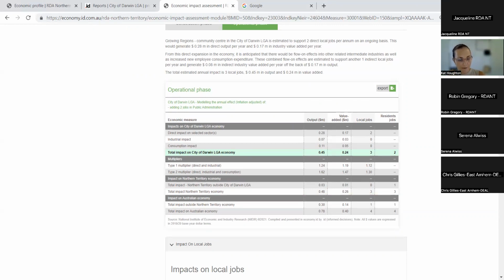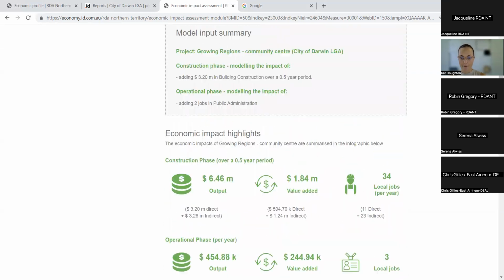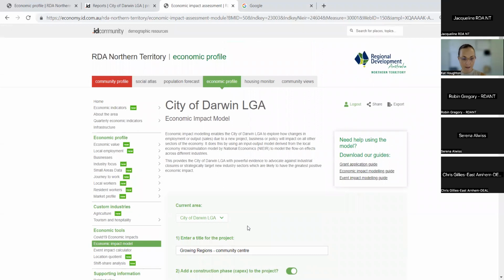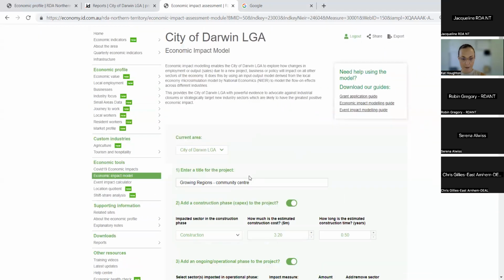So if there is a caveat in the grant applications that says we want to know how many Indigenous people this is going to impact or how many of our youth are going to be impacted, we can help you with that as well. Okay, so we can determine those numbers for you as part of your application. So that's kind of the economic impact model.